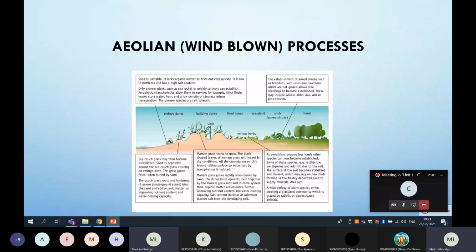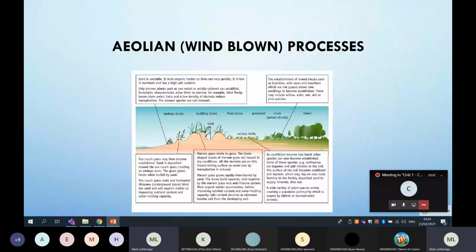So if we say that we need a macro tidal range, it means that we need a large tidal range, very much like what we've said we have in and around South Wales. There is a very, very big difference between high tide and low tide. That allows big areas of beach to be exposed at low tide, and therefore helps that abundant supply of sand that we need for these to form.